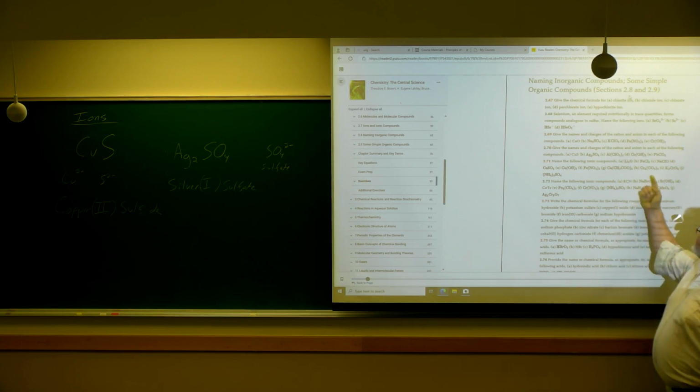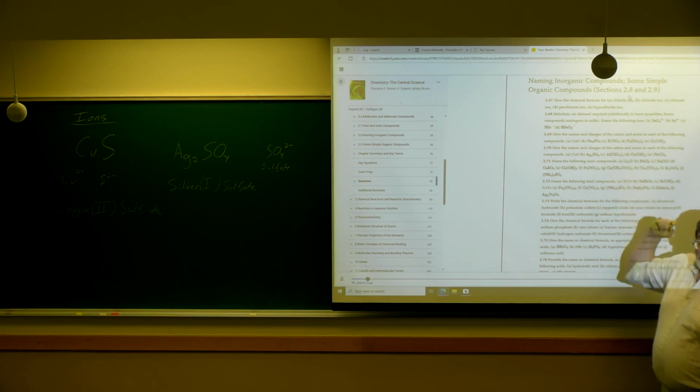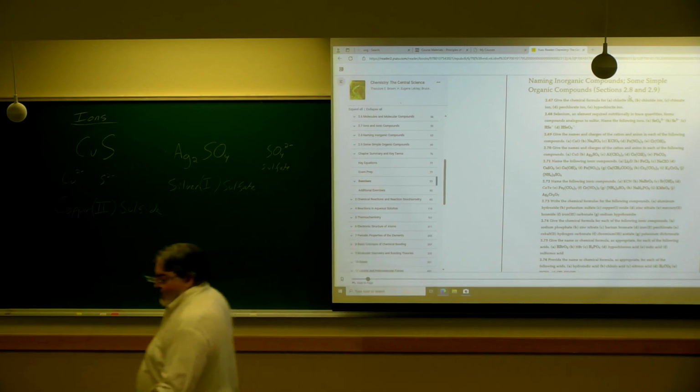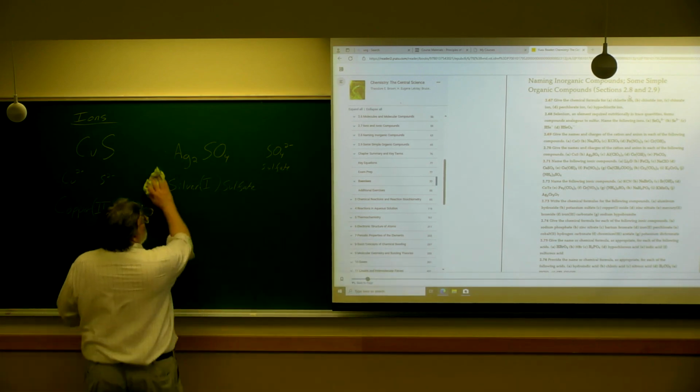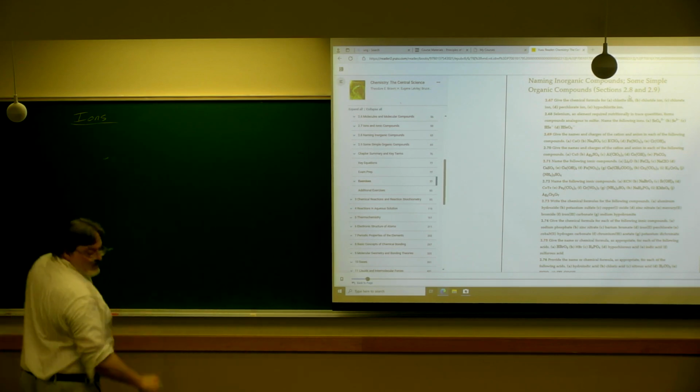It's just called calcium acetate. What's the charge on calcium? +2. And there's 2 of these things in there. So what's the charge on these? -1. Calcium acetate.